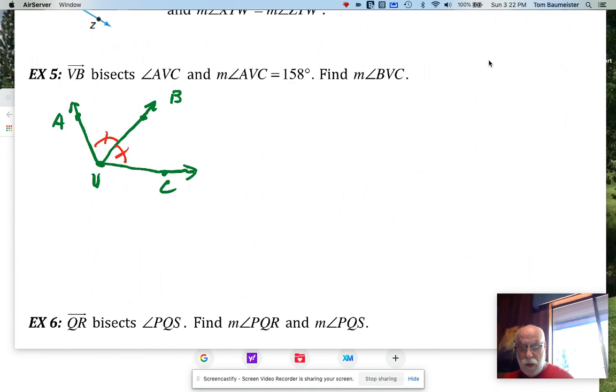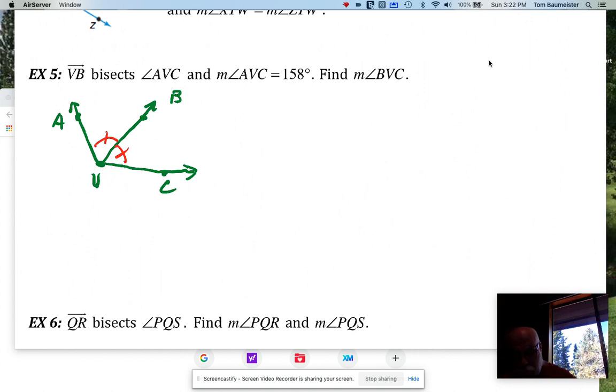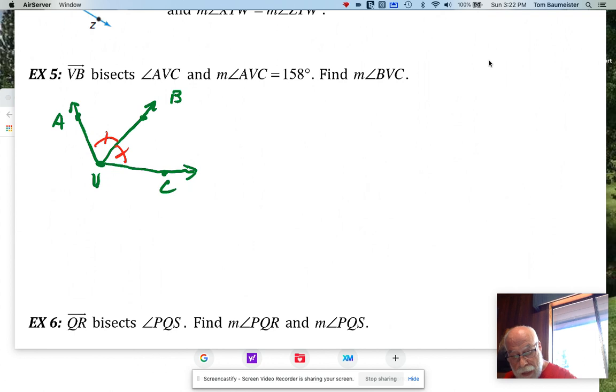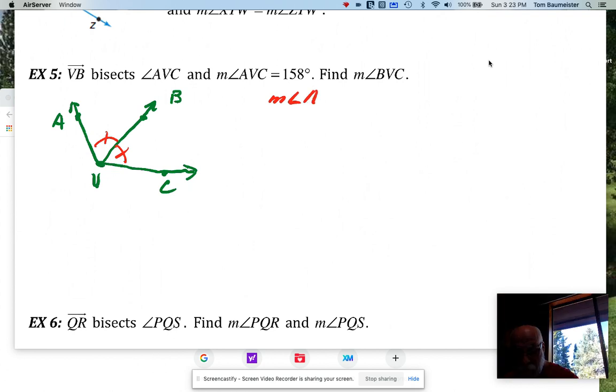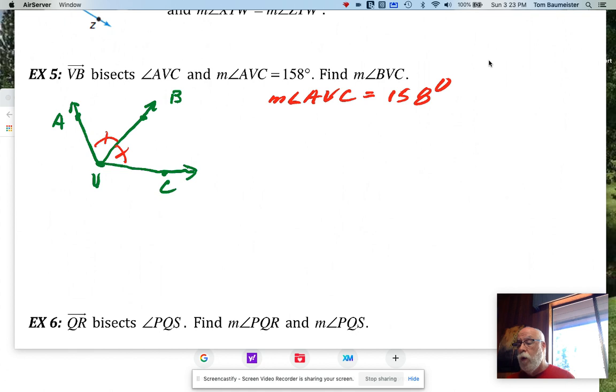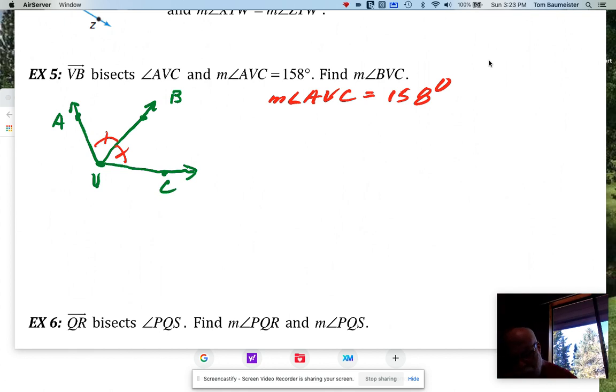All right? So let's start with what we know. We know that the measure of angle AVC is equal to 158 degrees. Since it bisects it, we know that the measure of angle BVC is equal to 1/2 the measure of angle AVC.